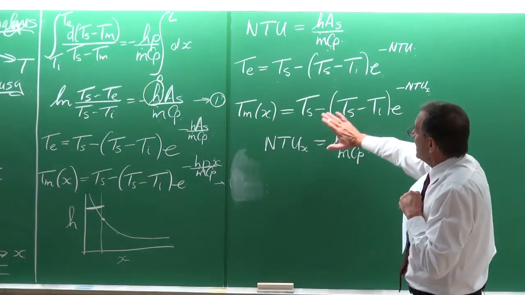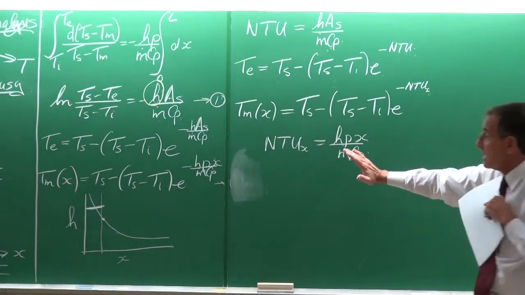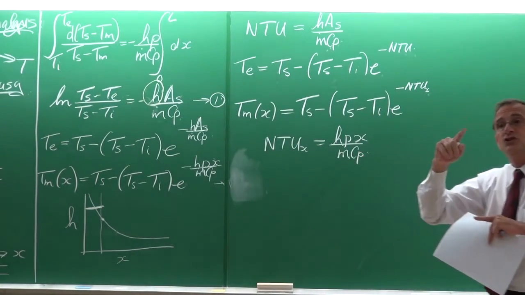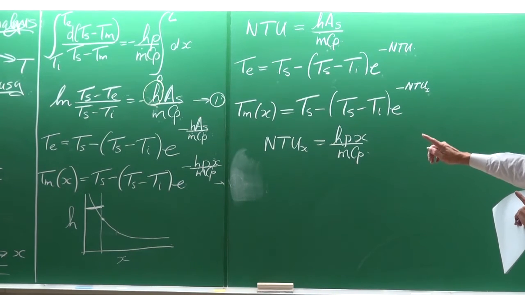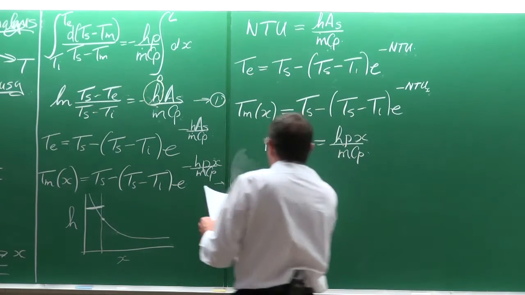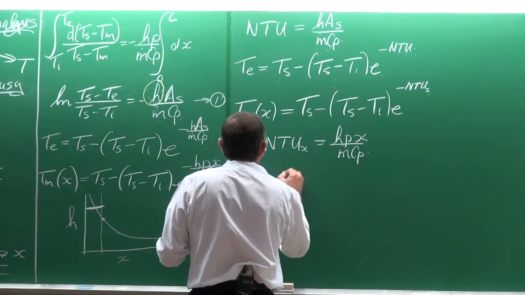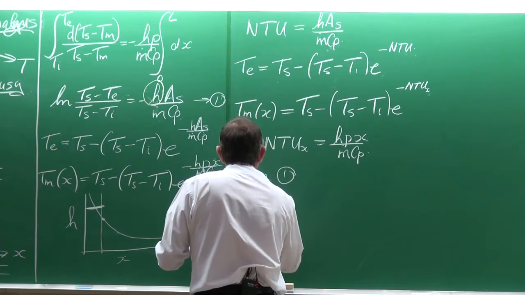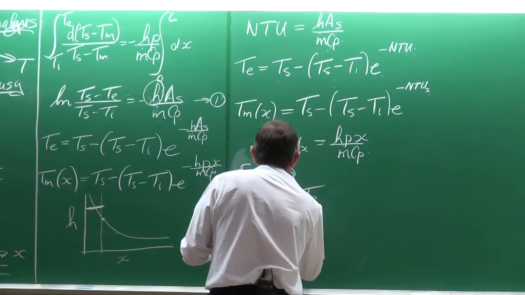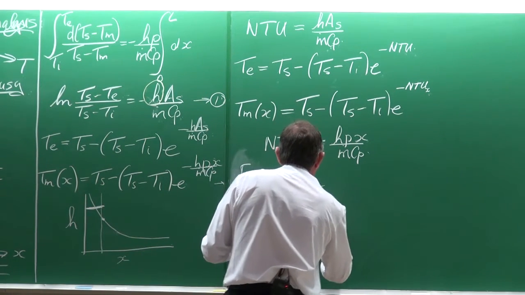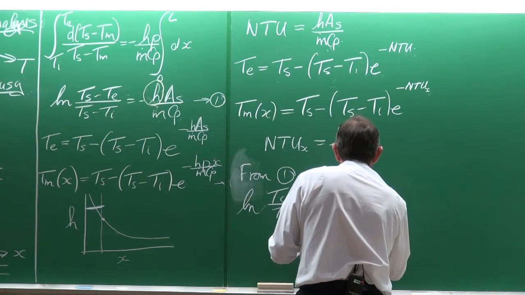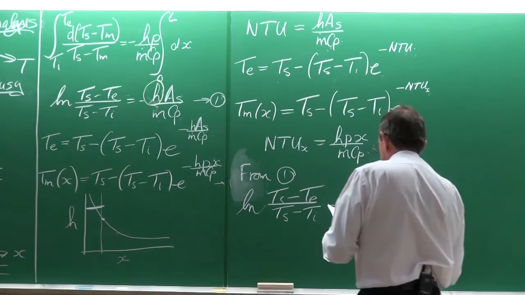Now, the NTU is very important, and I'm going to get to it just now. But we were busy with getting the temperature distribution, and we've solved the outlet temperature, but there's something else that is very important in this equation. If we go back to equation 1, this equation says that ln of (Ts minus Te) divided by (Ts minus Ti) is equal to minus the heat transfer coefficient multiplied by the surface area divided by the mass flow and Cp.